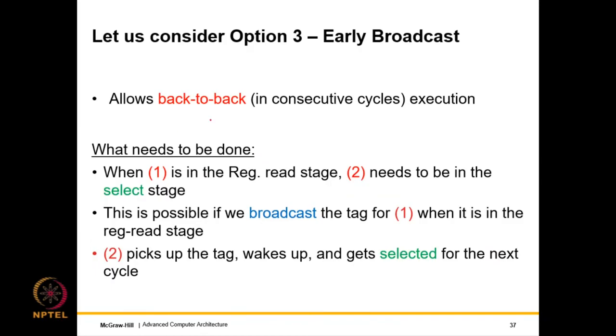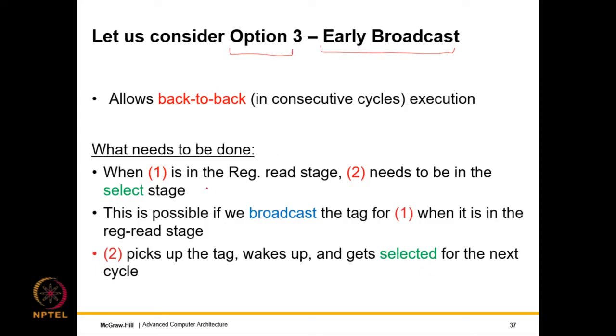So what is the option that actually worked? It is early broadcast. This allows back-to-back execution, which means execution of dependent instructions in consecutive cycles. It does allow this to a certain extent. We will see later why to a certain extent.